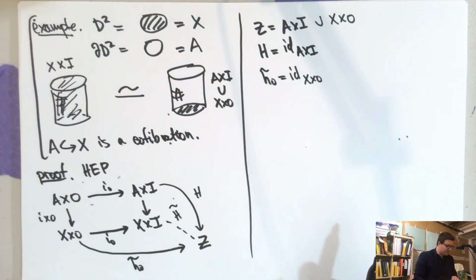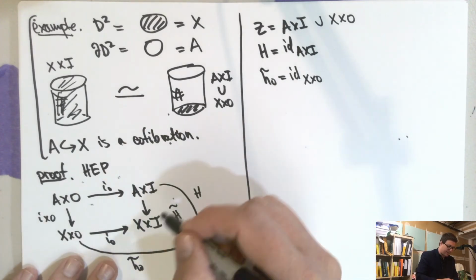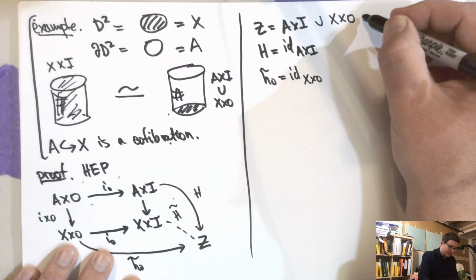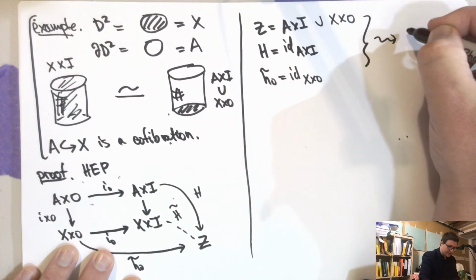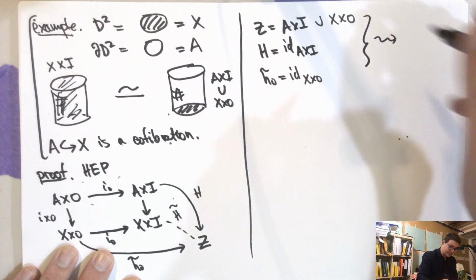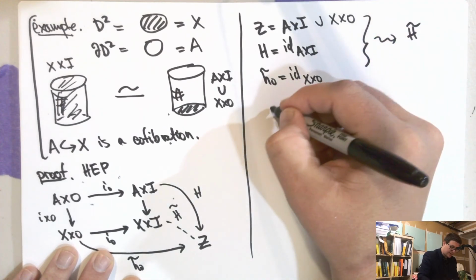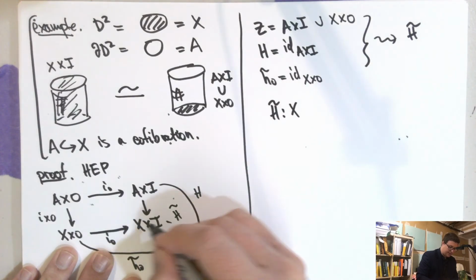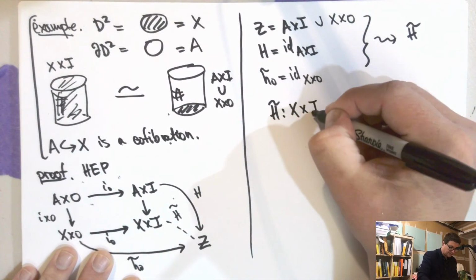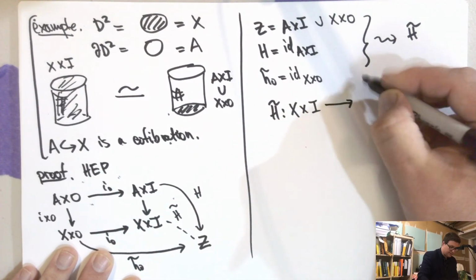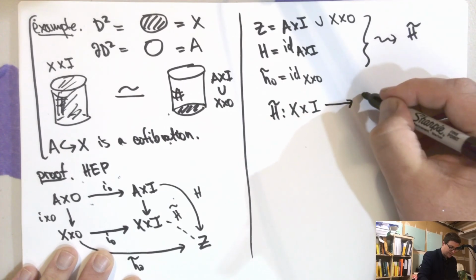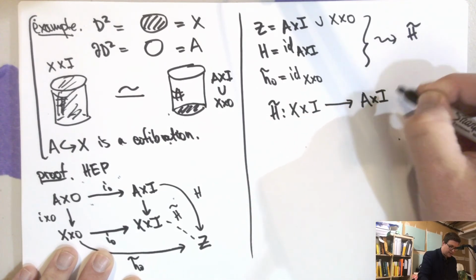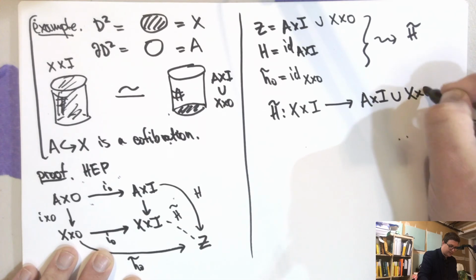And so by the homotopy extension property, once we do these, we get some H tilde. And what is H tilde? H tilde is a map from this thing into here, so let's write out what this is: A cross I union X cross 0.